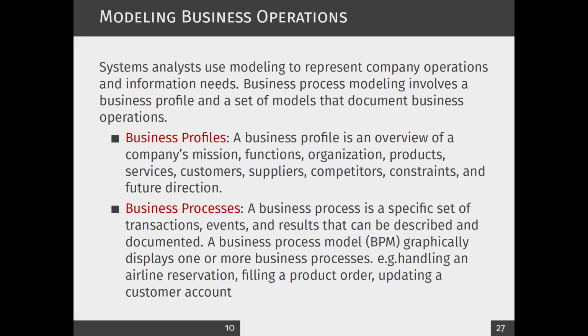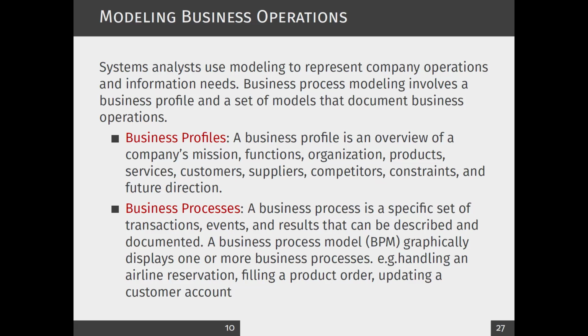Now we have a faculty of postgraduate studies because we want to encourage research in the university. So in the organization also we have that. So you can see, depending on our company's mission, we come up with various functions, organizations, products, services, and so on. Everything is actually put together. So for any organization, you can look at their business profile to understand overall business operation.